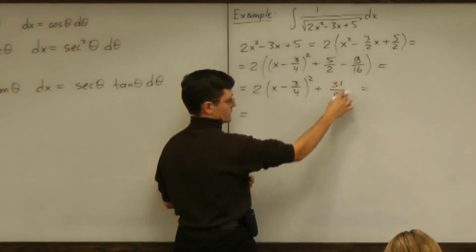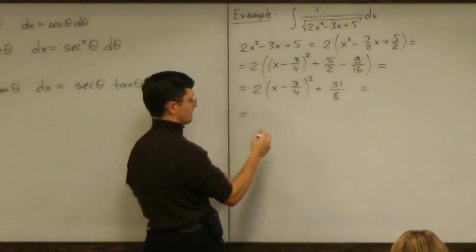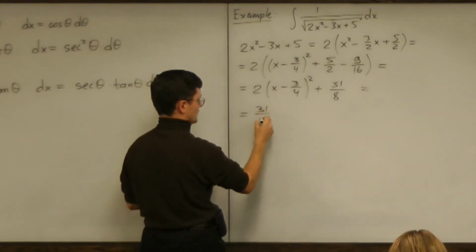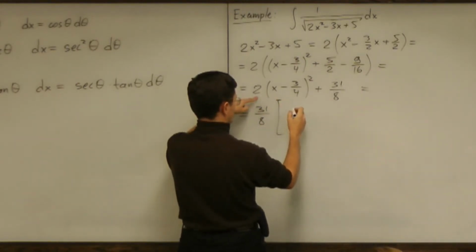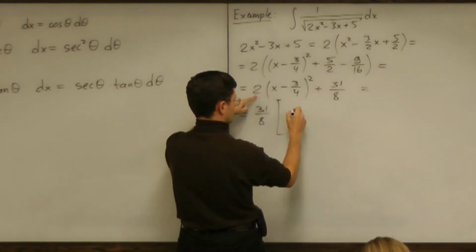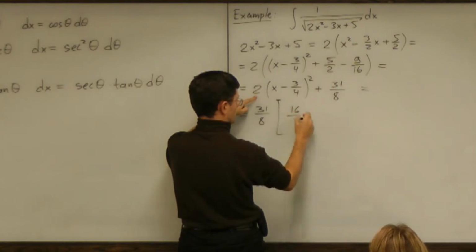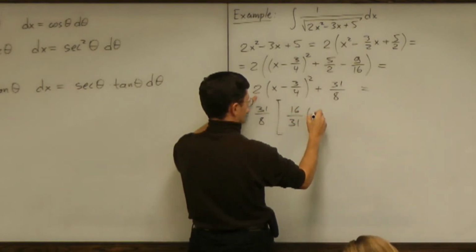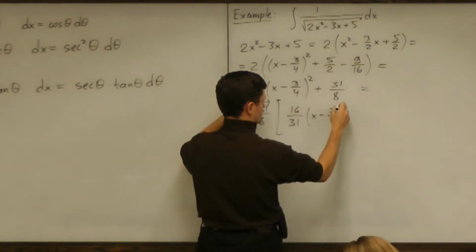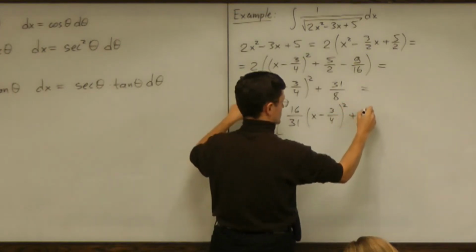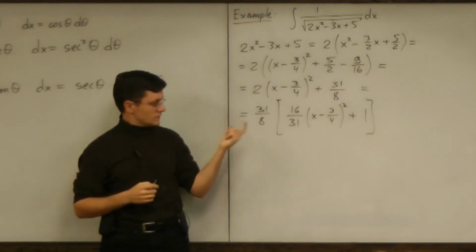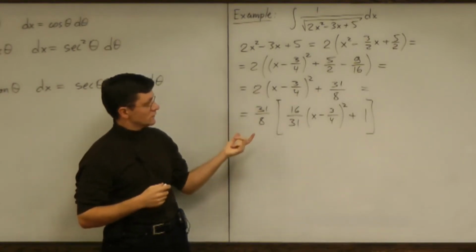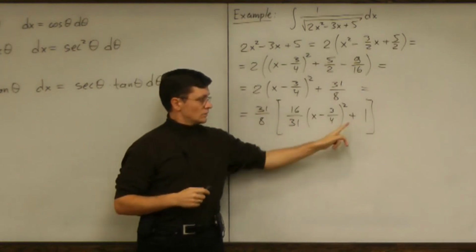So I'm factoring out exactly that number to get 1. 31 over 8 is factored, and then inside I get 2 divided by that number, which means 16 over 31 times x minus 3/4 squared plus 1. And that's basically the end of it, in the sense that I see 1 plus a square.